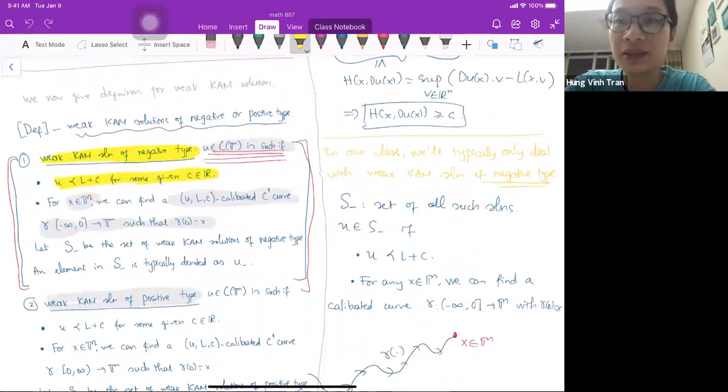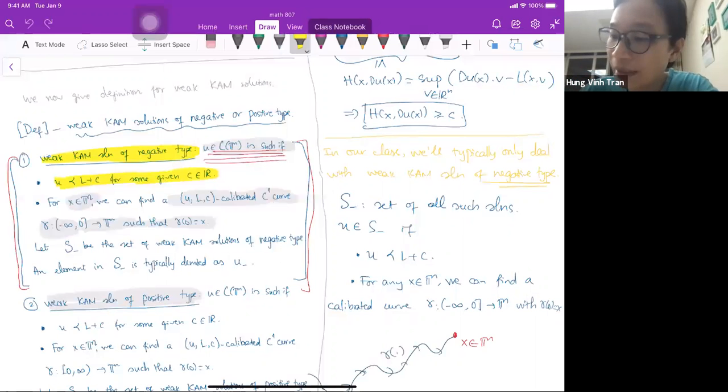It just tells us that I'm so lucky I can find a calibrated curve, and because that is dominated by L plus C, I can find a minimizing curve going from minus infinity to 0 on the torus. Hidden here is a big question: how can you find such a calibrated curve? That's a fair question, and we need to discuss it.